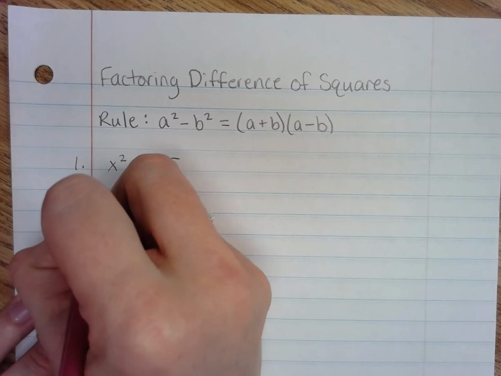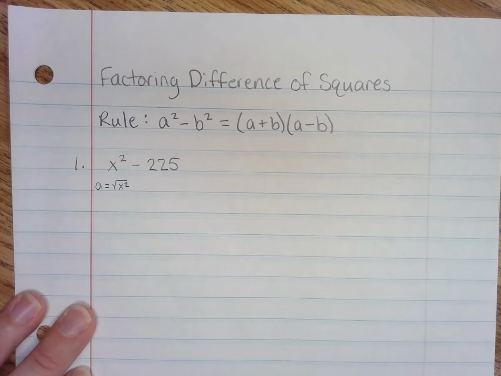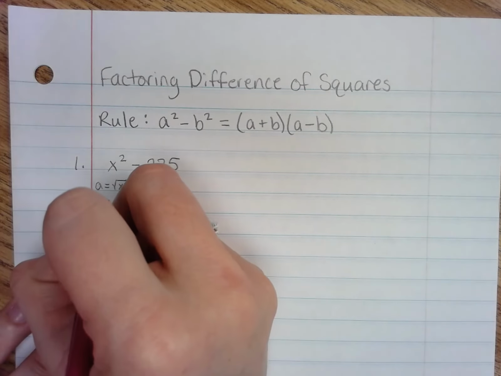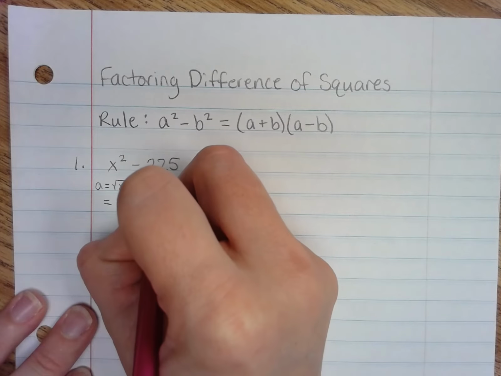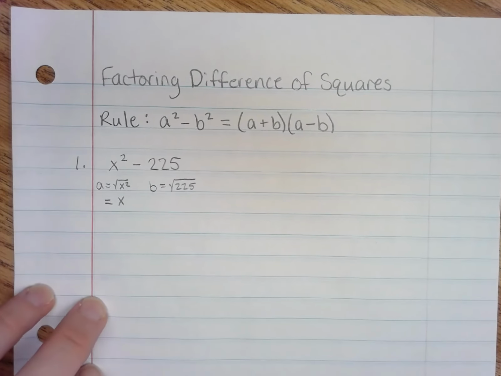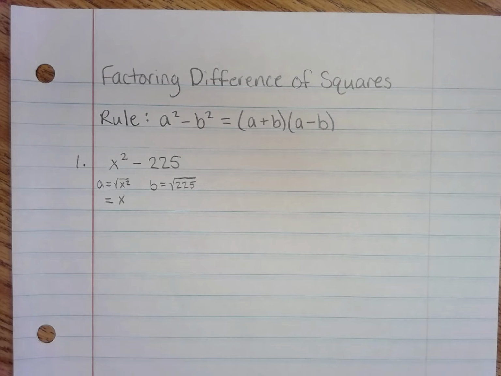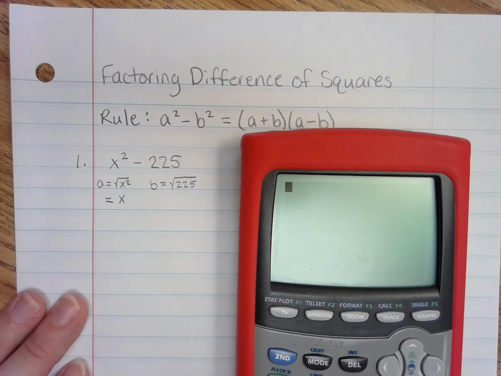So to get our a value, we're going to take the square root of x squared. So the square root of x squared is just x. To get our b value, we're going to take the square root of 225. You should know your perfect squares, but if you do not, just use your calculator and punch in second square root.